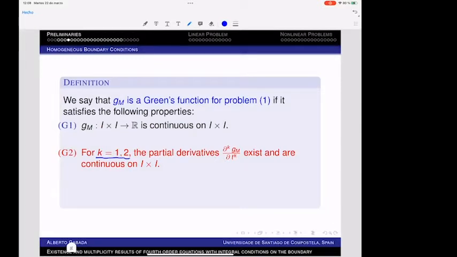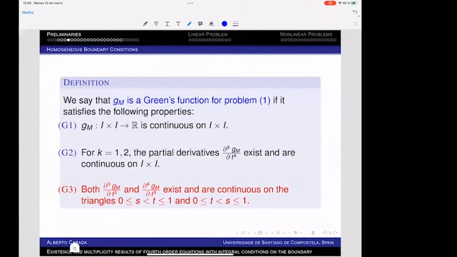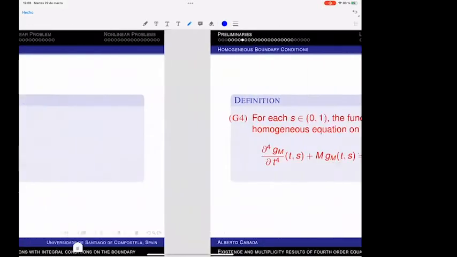So we have a C2 function, and then we have the third and fourth derivatives. In this case, the continuity is just in the triangles. We have our square, and we have continuity here, but not on the diagonal, right? So these are the three properties of regularity.